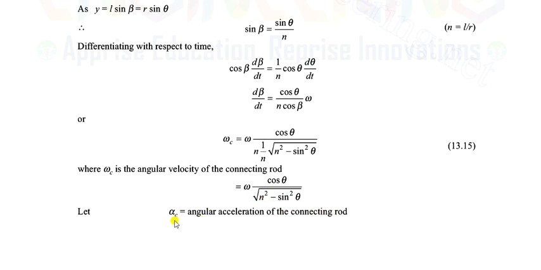Now we have to calculate the angular acceleration of the connecting rod. This is the angular velocity of the connecting rod. If you differentiate it again with respect to time, it will give you the angular acceleration. But as we can see, this relation is not directly a function of time, it is indirectly a function of time, because theta is omega t.